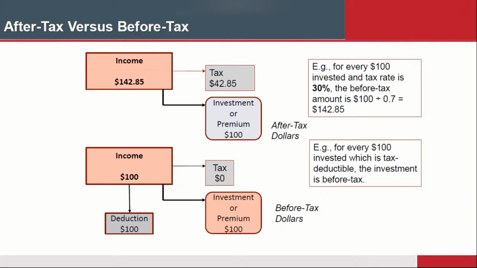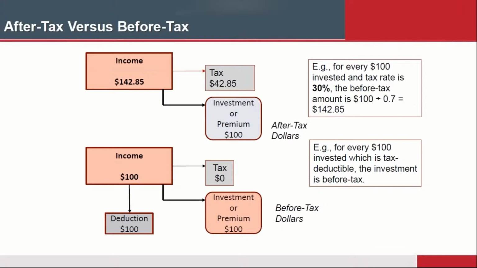The second kind of income is what we refer to as before tax dollars. This usually happens before deductions. Later on we'll talk about registered money, non-registered money, and that kind of thing. Usually when we talk about deductions, that is a before tax dollar. So if you had a $100 premium, but you were able to deduct that $100 premium against income, then there's no tax that has to be paid.